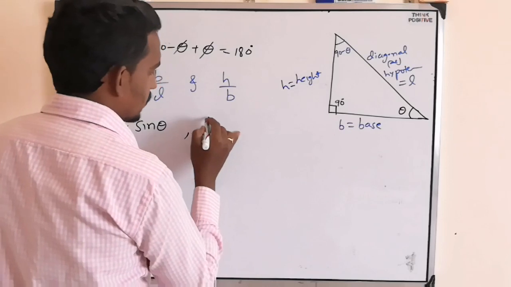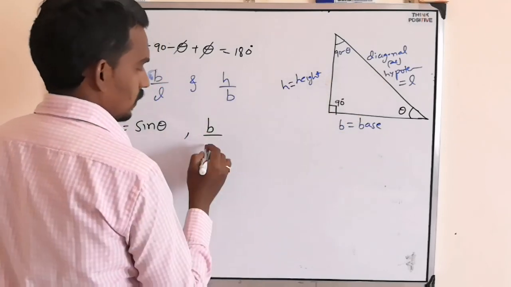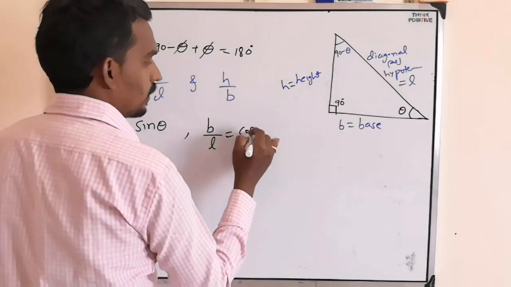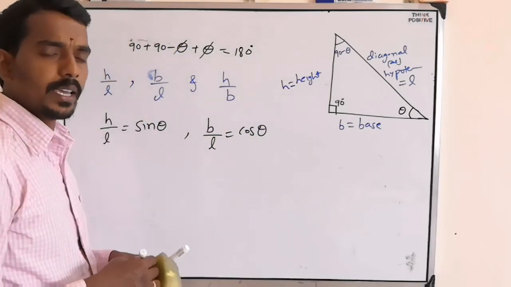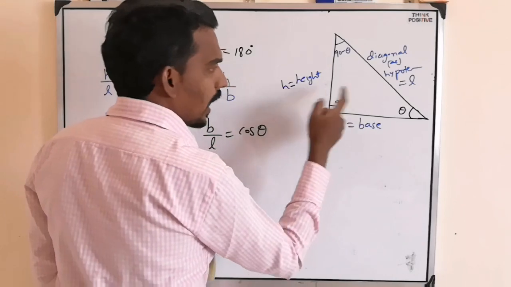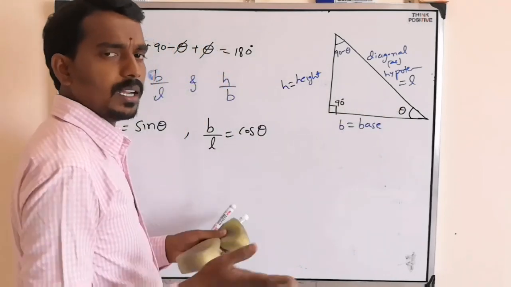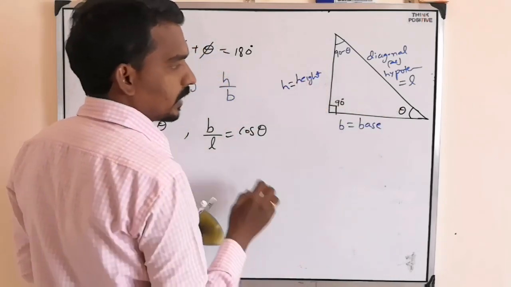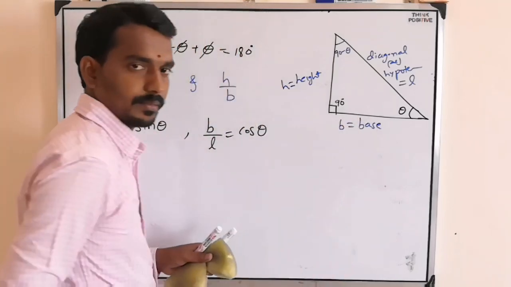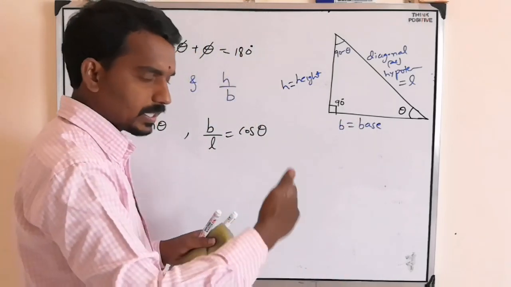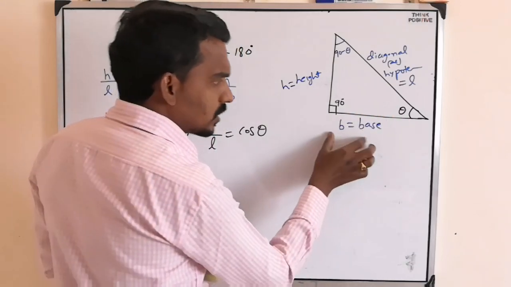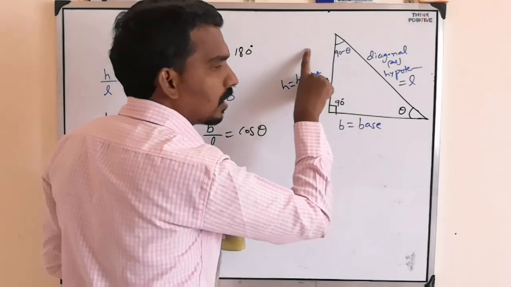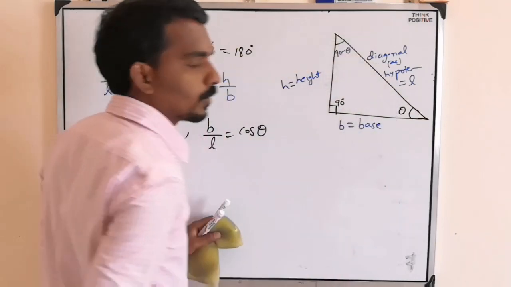Similarly, base by hypotenuse they defined as cos theta. Also we usually say, always height should be taken as opposite, or you can take this as opposite and this as adjacent. Adjacent means beside. It is beside this angle. So this is called adjacent, this is called opposite, and this is called hypotenuse.